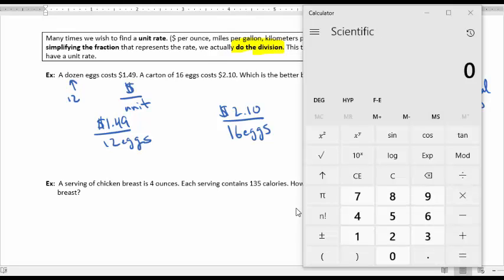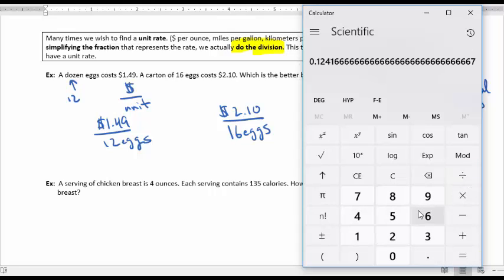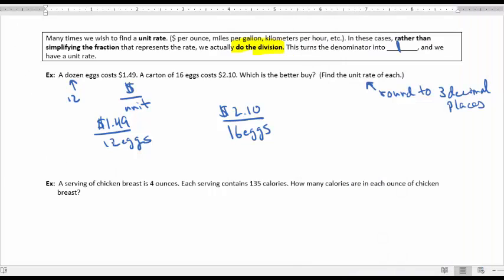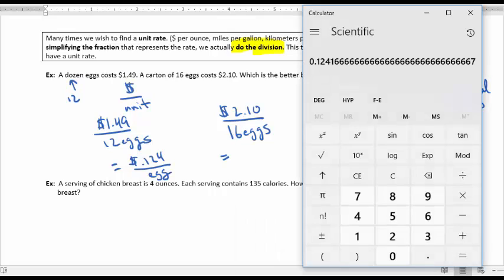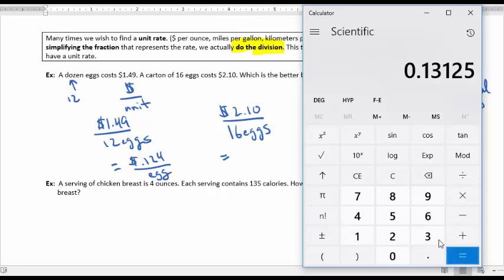But if I punch it in on my calculator, 1.49 divided by 12, that's going to give me 0.124 per egg. And then this one's going to give me 0.131.